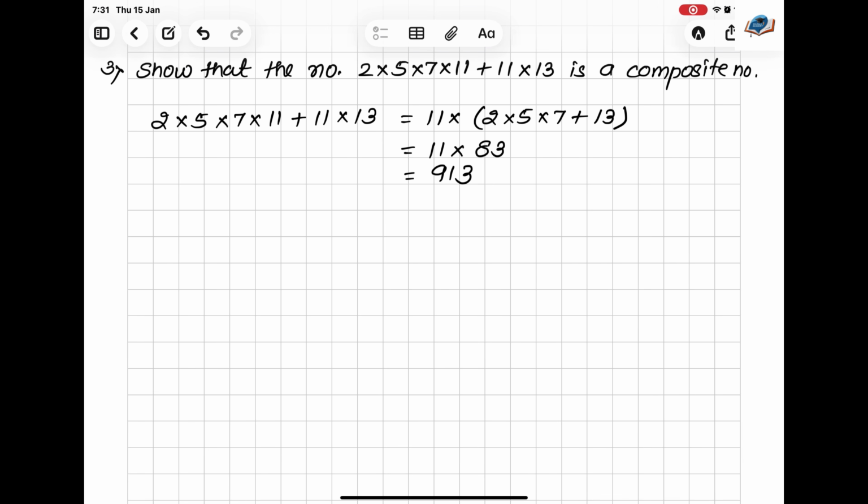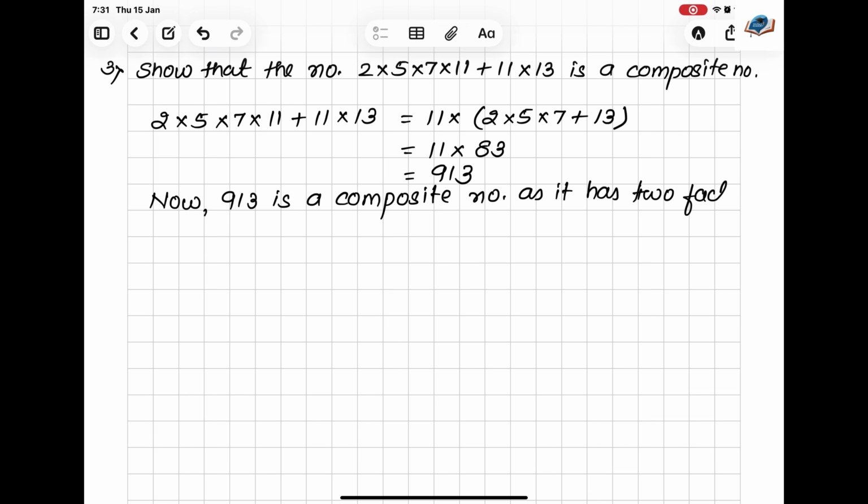Now 913 is a composite number as it has two factors, 11 and 83, other than 1 and 913.